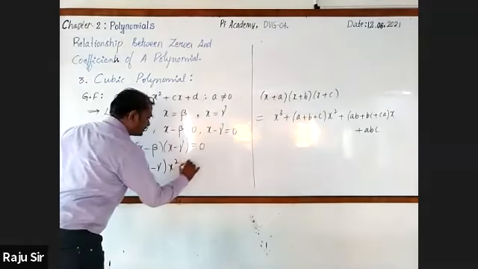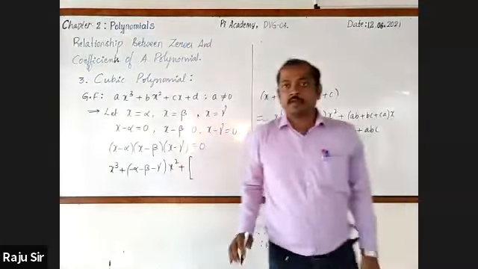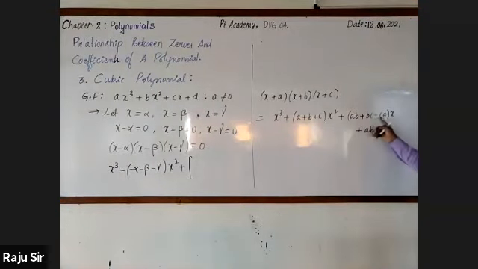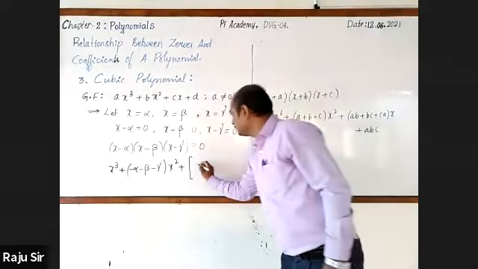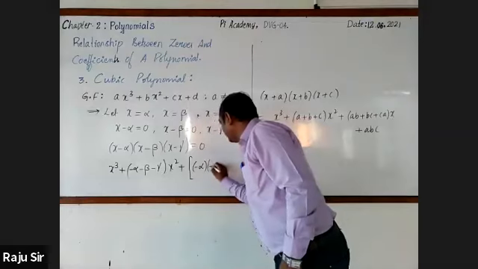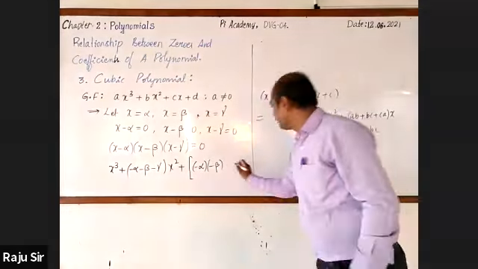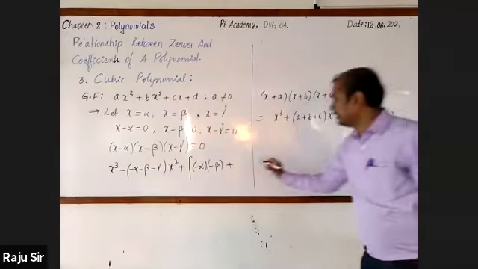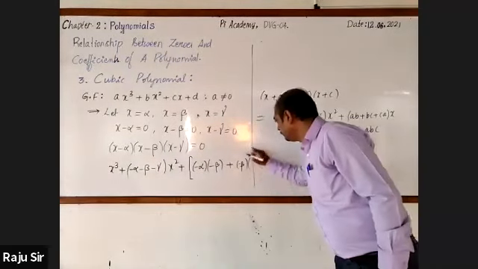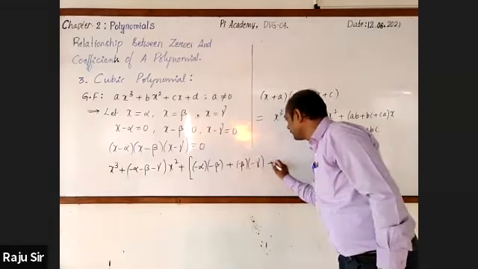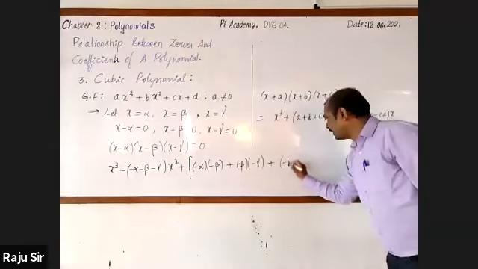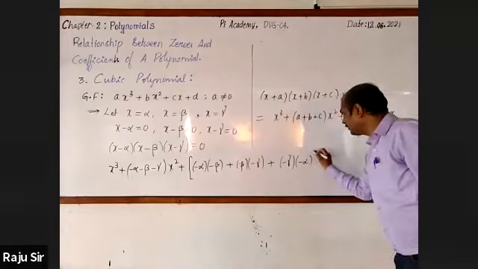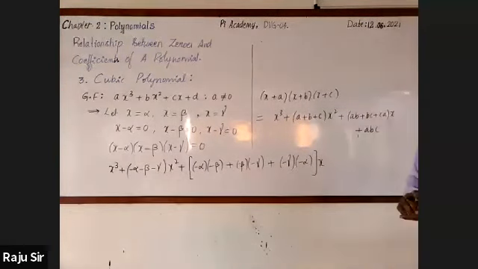Then plus, observe, ab plus bc plus ca, nothing but minus alpha into minus beta plus minus beta into minus gamma plus minus gamma into minus alpha into x.